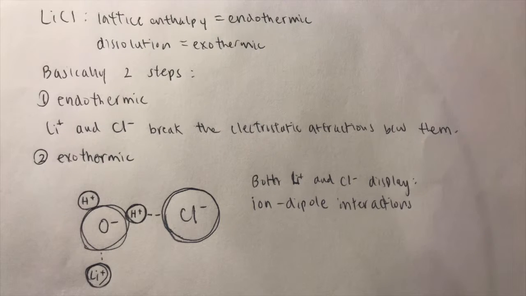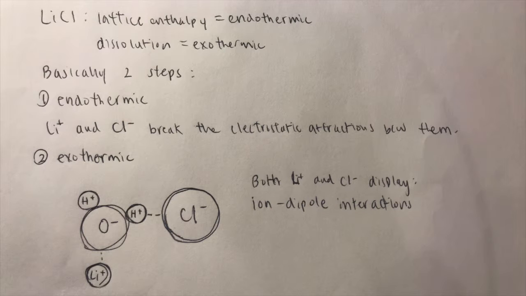because both the Li plus ions and Cl minus ions display ion-dipole interactions with the H2O. So the negative dipole of H2O, oxygen, interacts with the Li plus ion, and the positive dipole of H2O, hydrogen, interacts with the Cl minus ion.